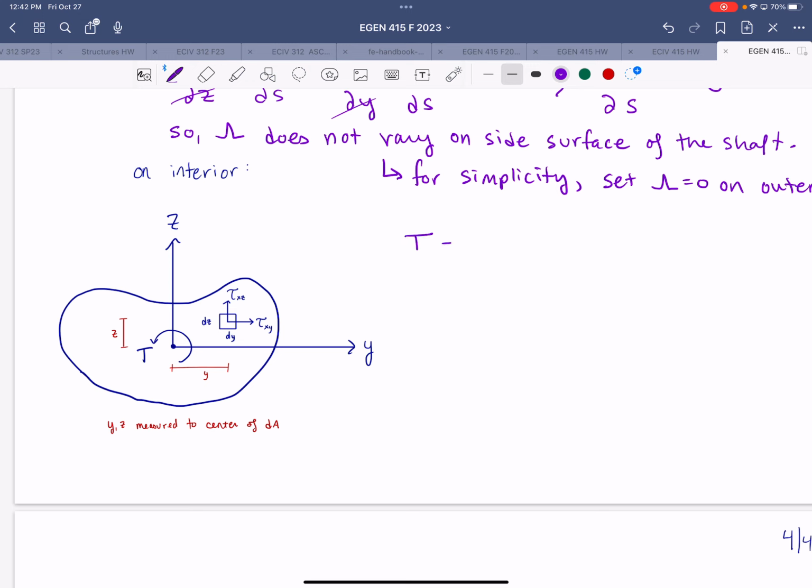So if we want to relate the torque to our function lambda, which is our next step, we can say that the torque is equal to the integral over the area of the shear stress tau xz times the moment arm to that shear stress, which is y, minus the shear stress tau xy times the moment arm to that resultant shear stress, which is z.